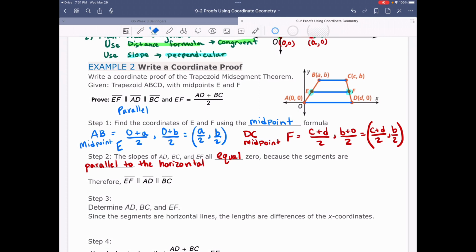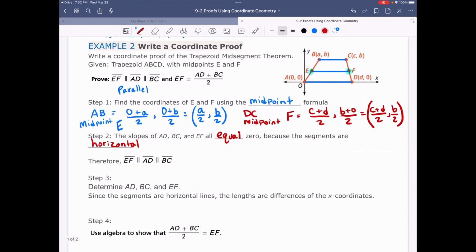Well, actually, I'm so sorry, it's just they are all horizontal. So the slopes are all 0. Therefore, EF is parallel to AD, which is parallel to BC. So all of the slopes equal 0. That means they're parallel because they have the same slope.